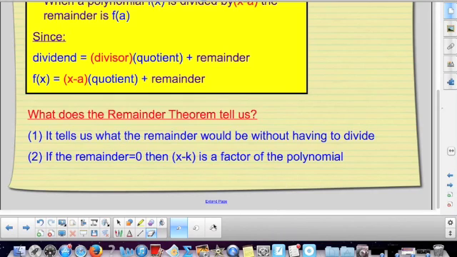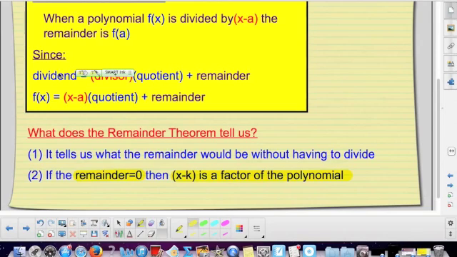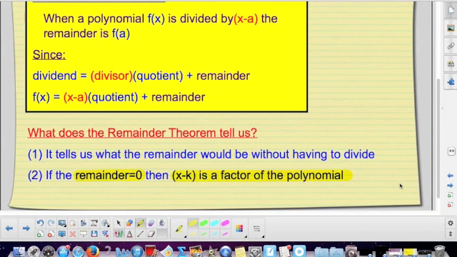If the remainder is equal to 0, then x minus k is a factor of the polynomial. Only if the remainder is equal to 0 is x minus k a factor of the polynomial. If you do have a remainder, then the divisor is not a factor. Okay, does everyone have this copied down? Move on to some examples.